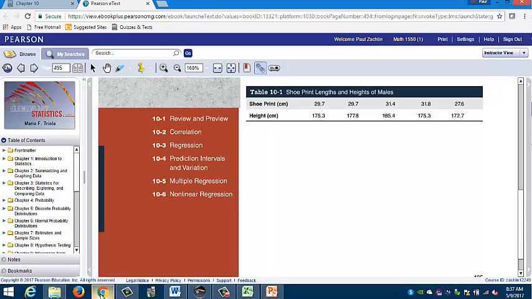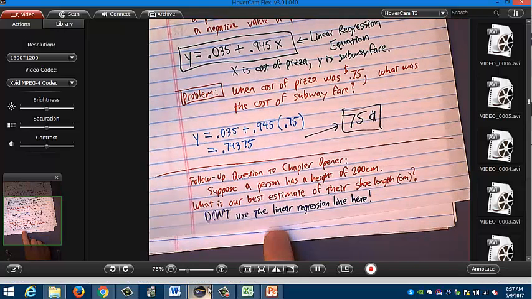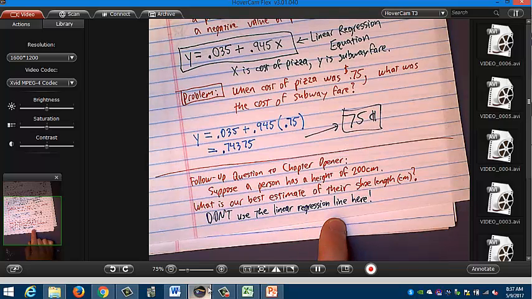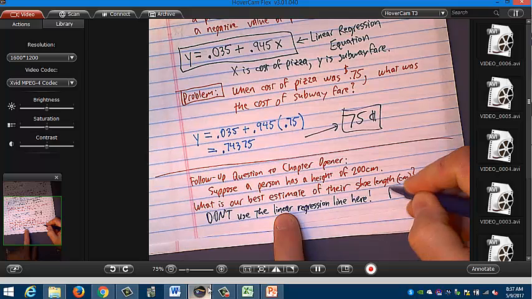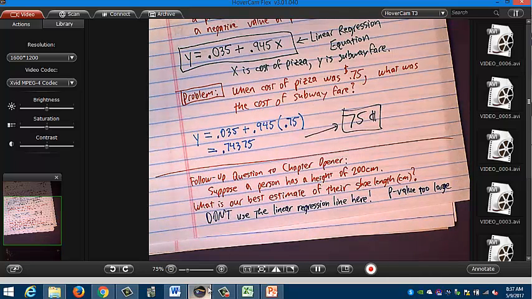Well, if you had a model, then you could use the linear regression line. I'm saying don't use the linear regression line here. Again, why? Because the p-value is too large. So then what do you do?